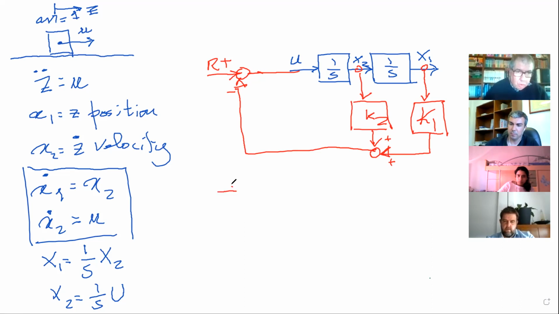So let's withdraw this in an equivalent way, such that we can apply that rule of the feedback. So I have 1 divided by s. I have 1 divided by s.